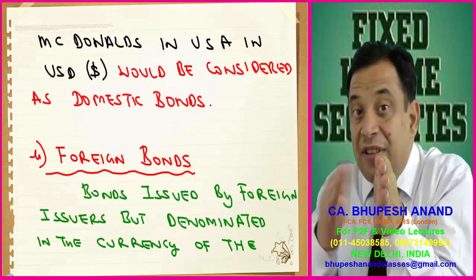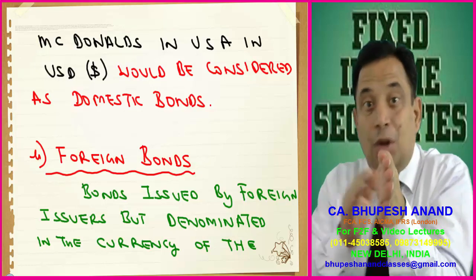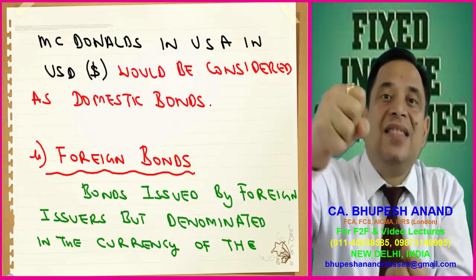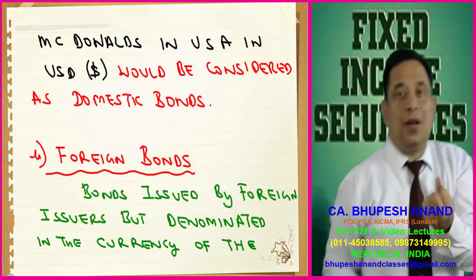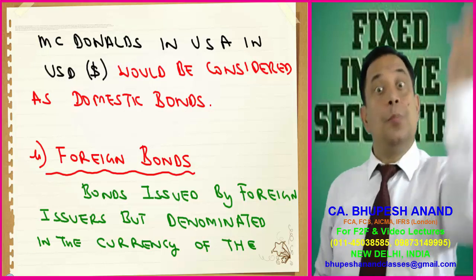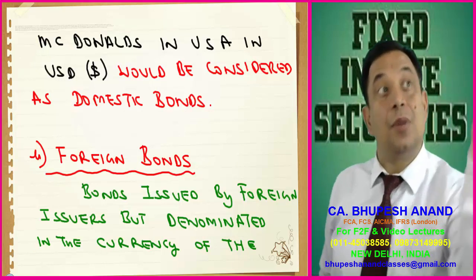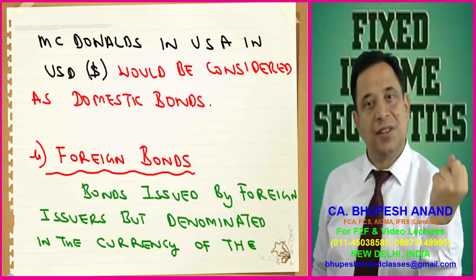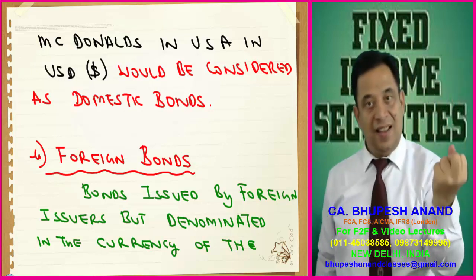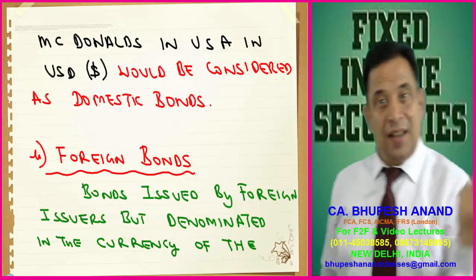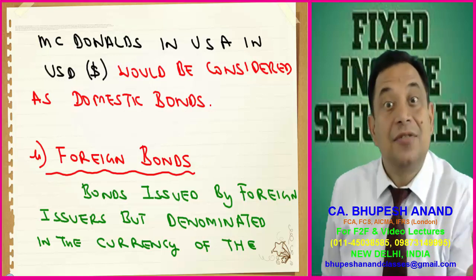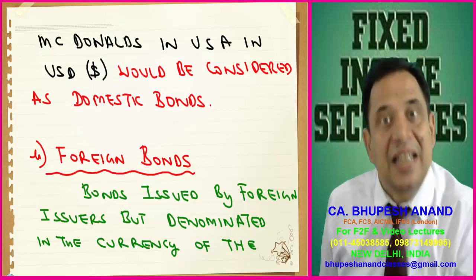It means now there is a difference as compared to domestic bonds. When a company, for example, Reliance Industry, an Indian company, is issuing bonds, raising funds from USA markets, and these bonds are issued in USD, I will say these types of bonds are named as foreign bonds for the Indian company.